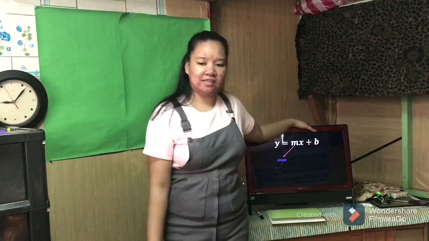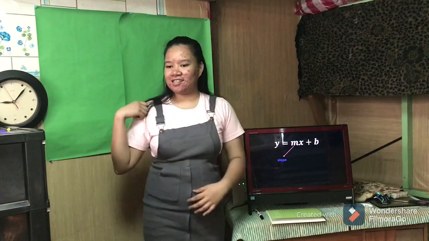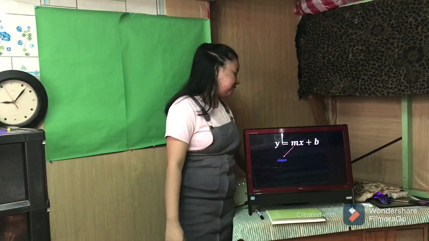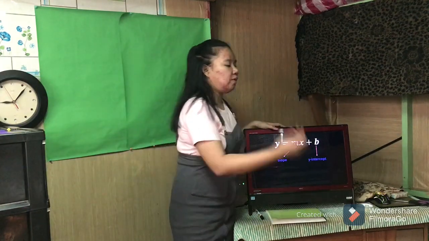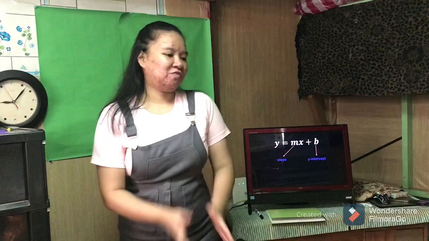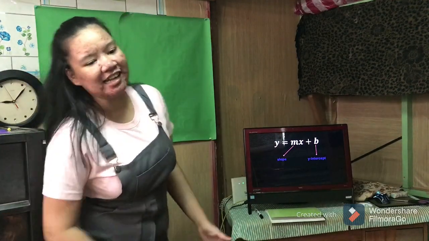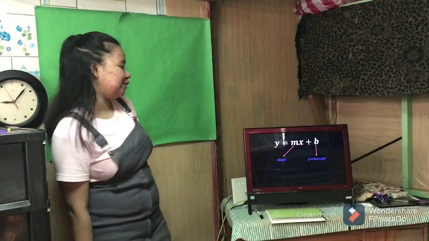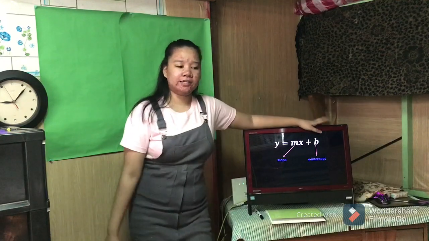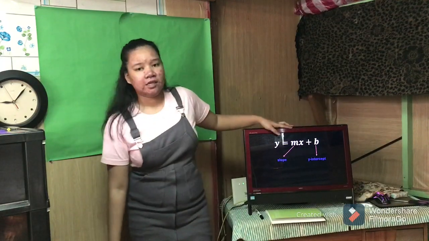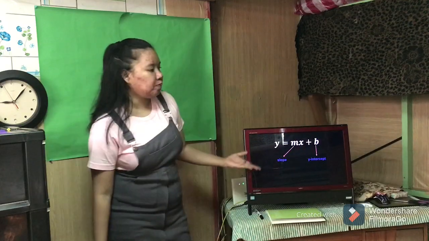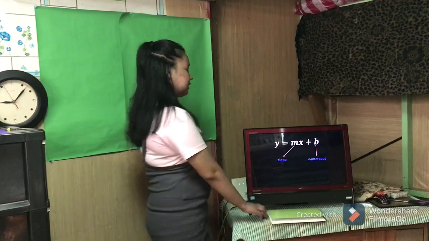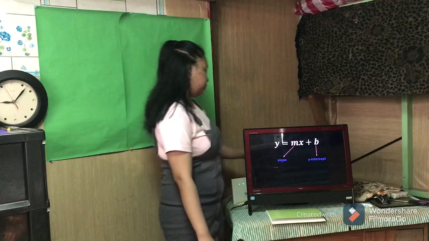Yes, Janilyn. It's the y-intercept. Very good. So, what is a y-intercept? Yes, Alden. Very good. Therefore, in writing an equation in this form, it is necessary to know the slope and the y-intercept. Let's go over some examples.